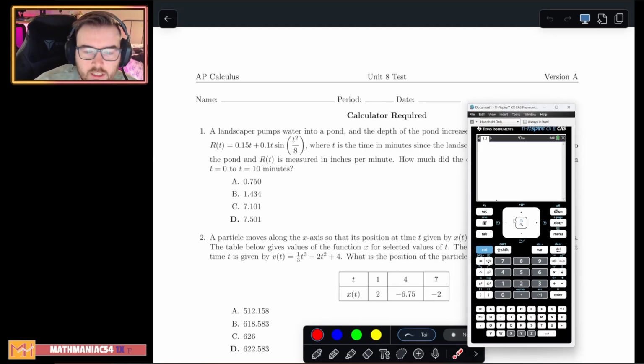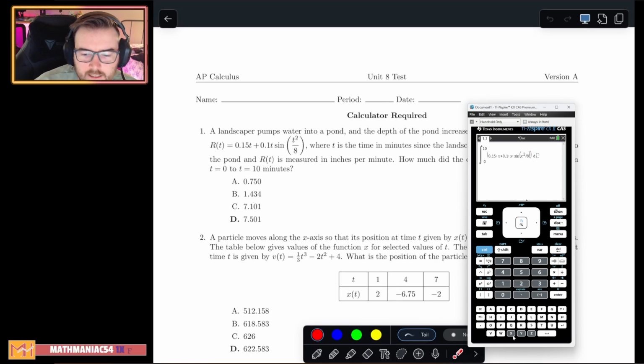So we just need to open up our calculator and do Shift plus and integrate this function from 0 to 10. 0.15 times x plus 0.1 times x times sine of x squared divided by 8, close parenthesis, close parenthesis.